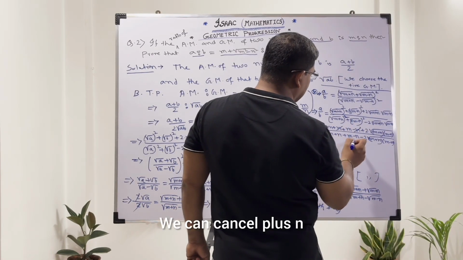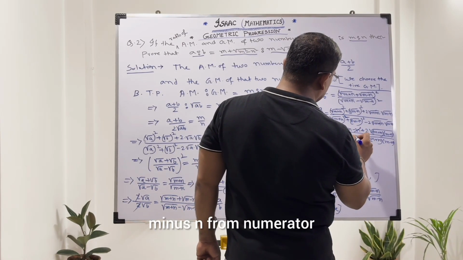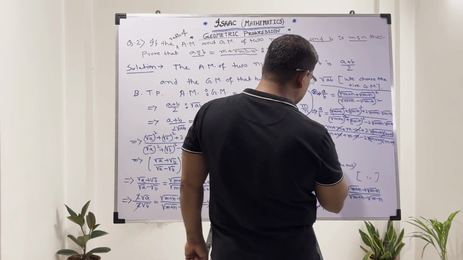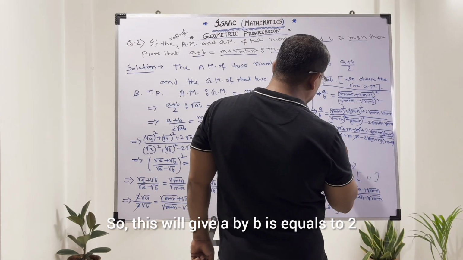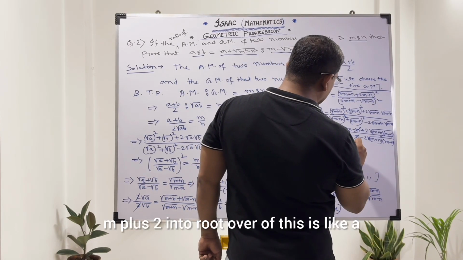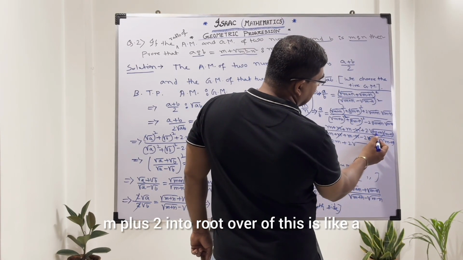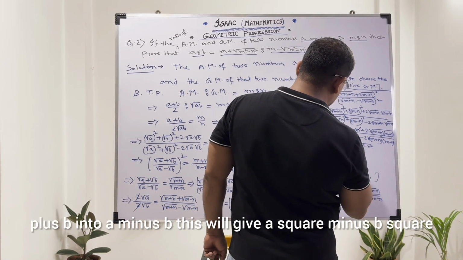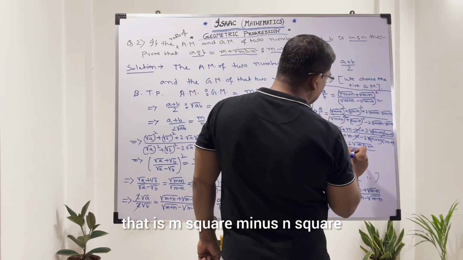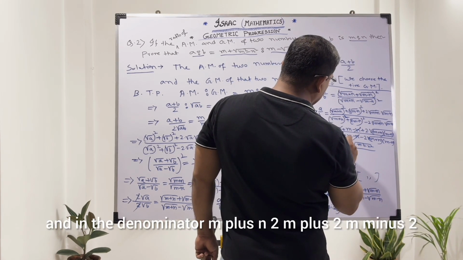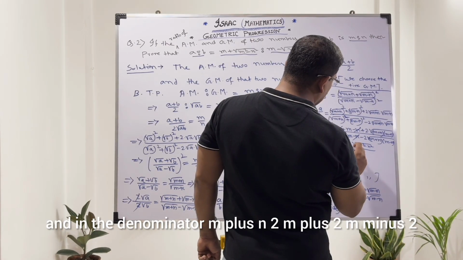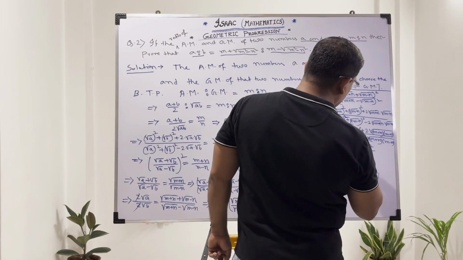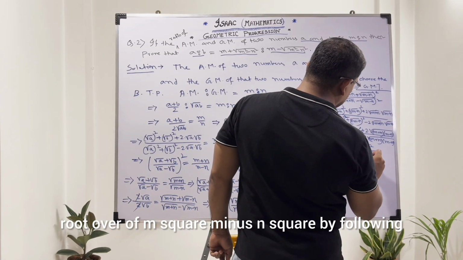We can cancel plus n minus n from numerator and denominator also. So this will give a by b is equal to 2m plus 2 into root of, this is like (a plus b) into (a minus b), which will give a square minus b square, that is m square minus n square, and in the denominator 2m minus 2 into root of m square minus n square.